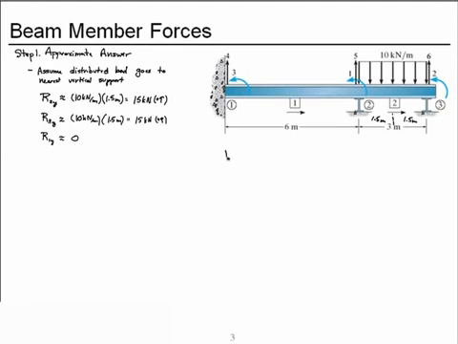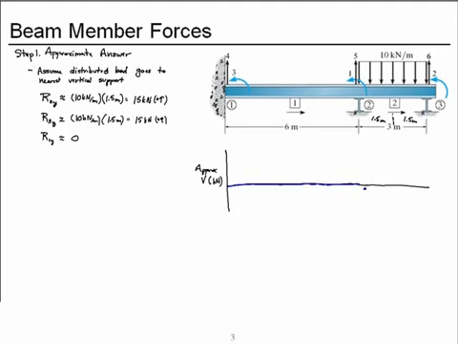Well, we construct our approximate shear diagram in the units of kilonewtons. We begin at 0, and the shear diagram stays 0 because there's no applied load, so we have constant shear.